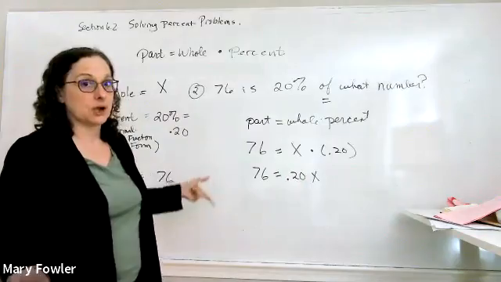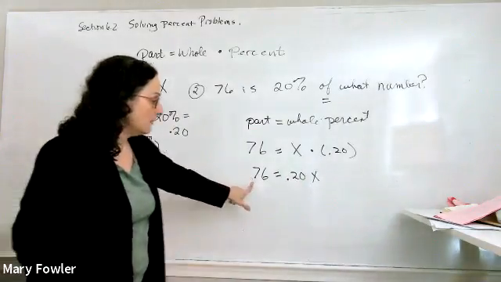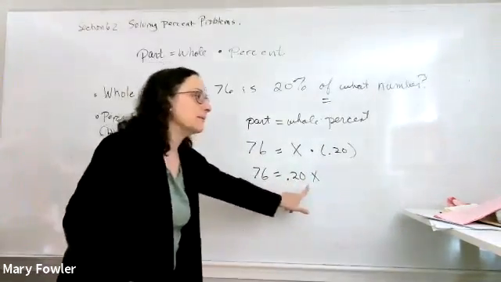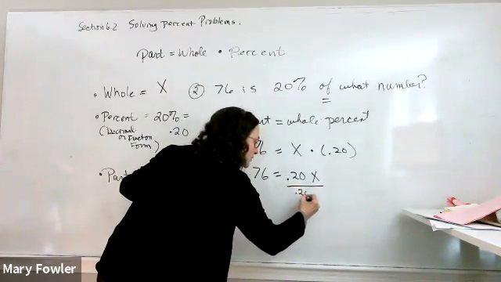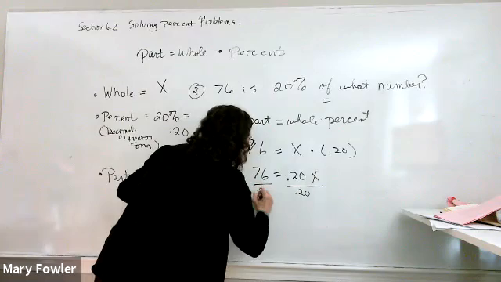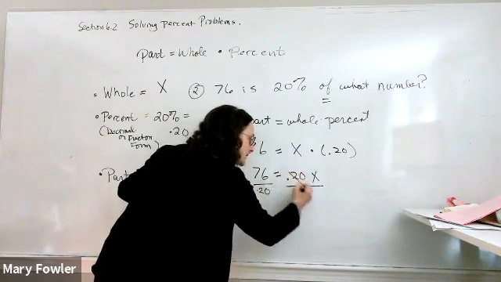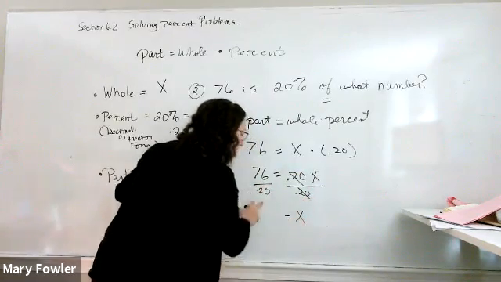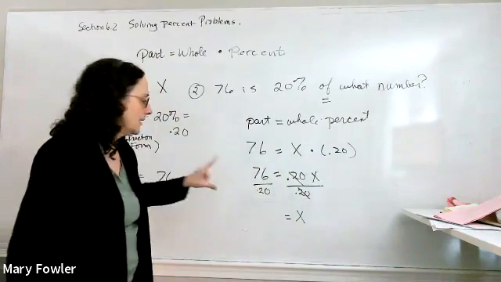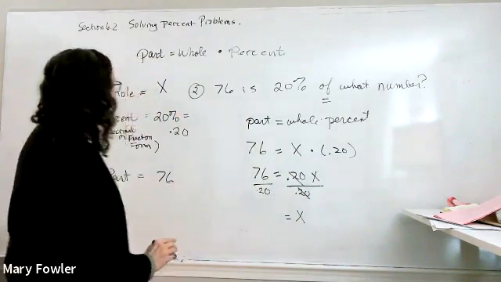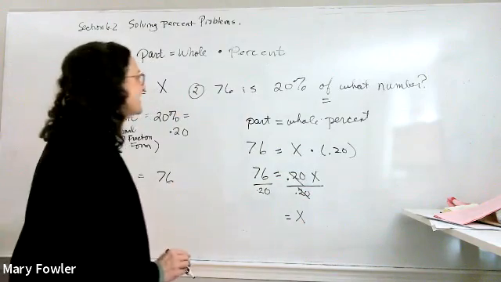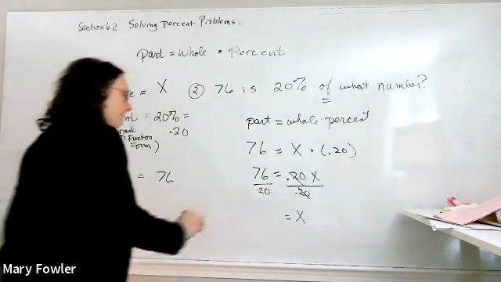Remember, we solved equations a couple of chapters back. We want to divide both sides by 0.20 so that we isolate X. And on the right-hand side, we get X, and on the left-hand side, we have a division problem. So let's go ahead and find a little space here to write this division problem out.